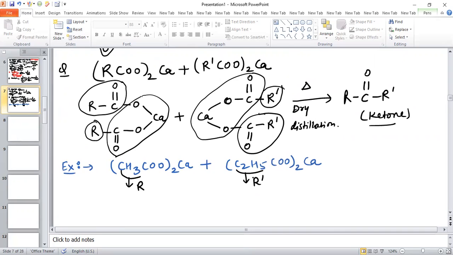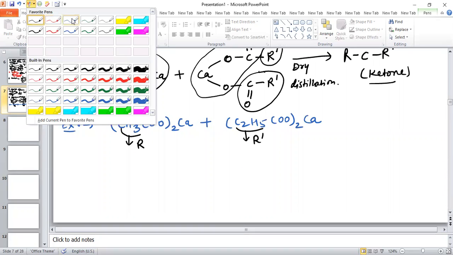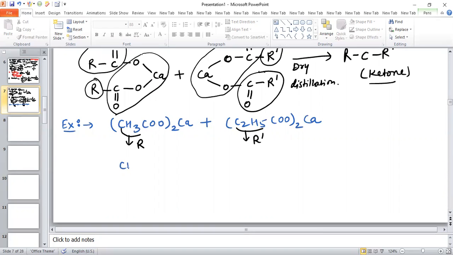So now what happens? You can easily identify, this is R, this is R dash. So you can arrange these compounds in this way. This is CH3, this is C double bond O and calcium, and there also O, also C double bond O, and this is CH3.